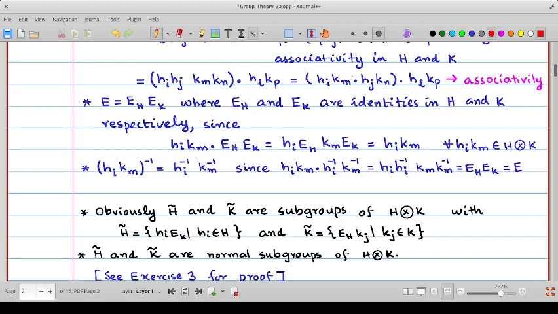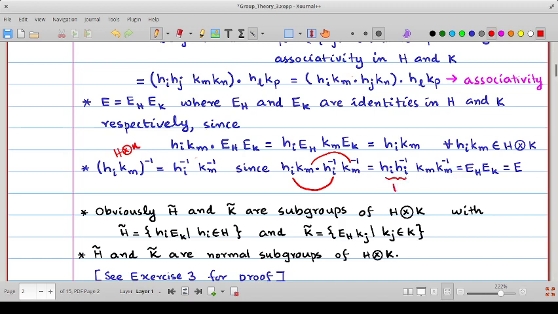Further, for any element HIKM of H outer product K, we can define an element denoted as HIKM inverse to be equal to HI inverse times KM inverse, where HI inverse is the inverse of HI in group H and KM inverse is the inverse of KM in group K. Now the product of this with HIKM would give HIKM times HI inverse KM inverse, and according to the composition rule this should be equal to HI times HI inverse, KM times KM inverse.